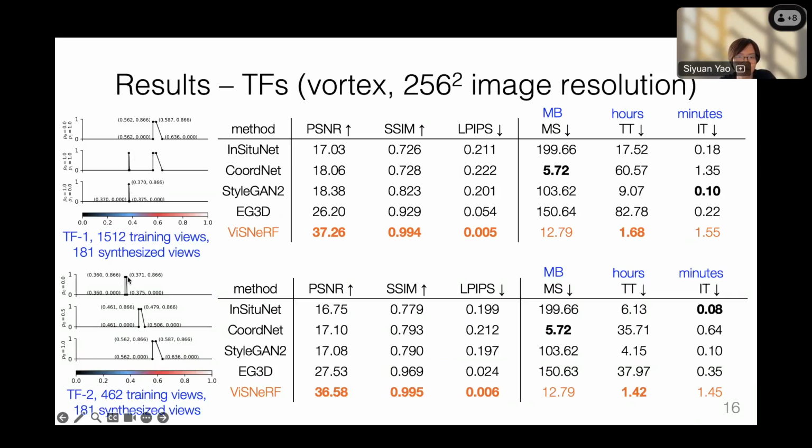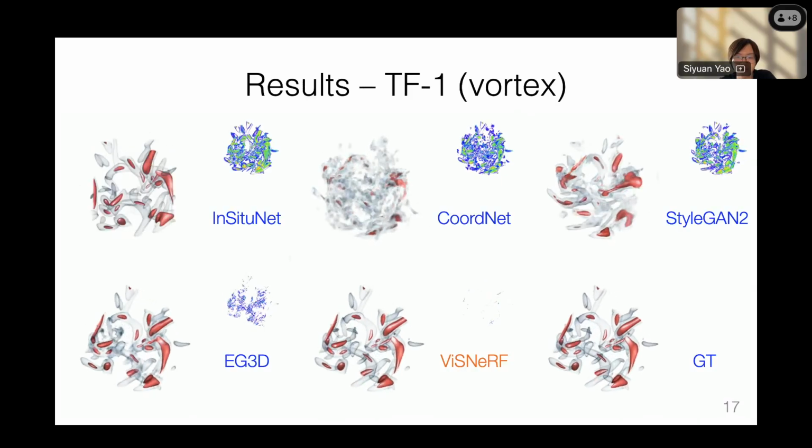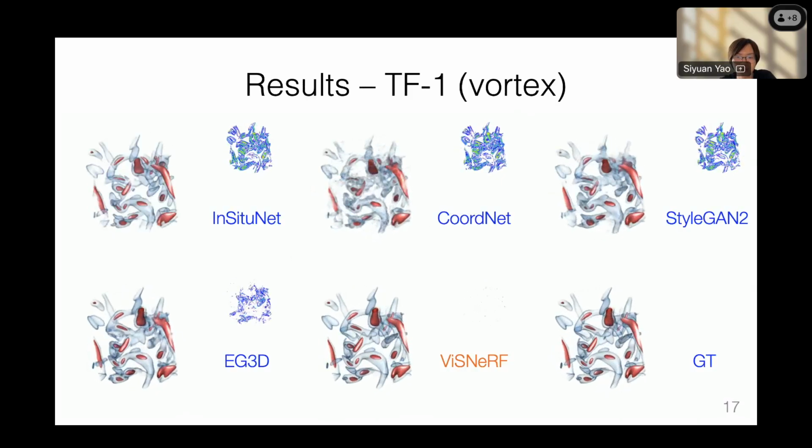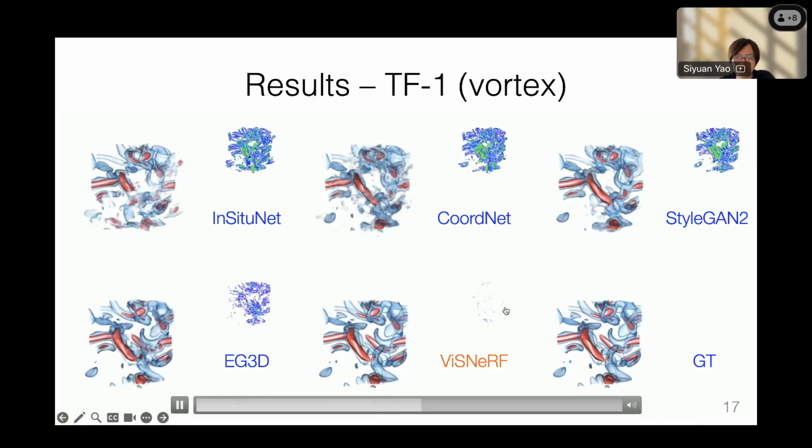So the images appear to change in both the visible area and the color. As you can see in the first one, the opacity of two regions is changing, and for VisNerve, we observe very low error in this case.